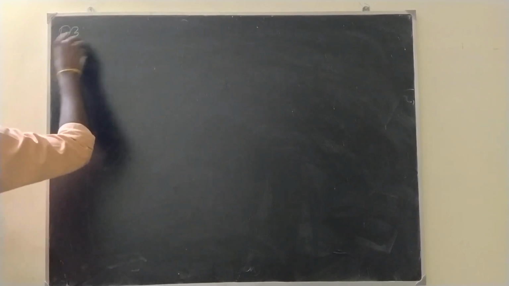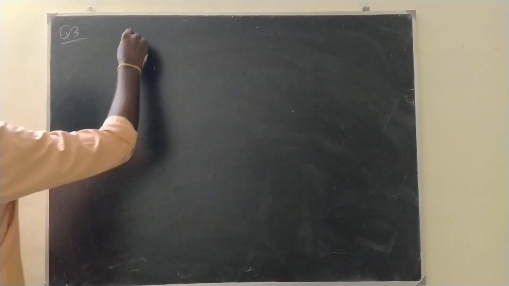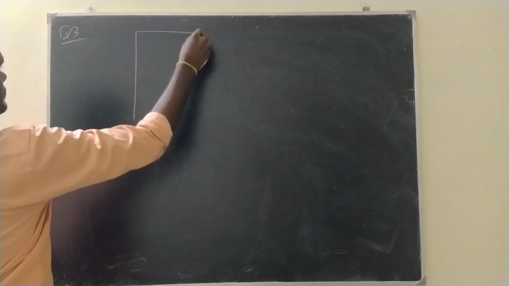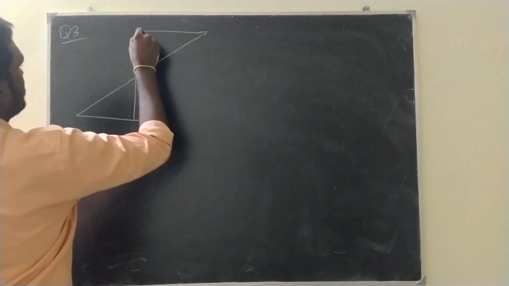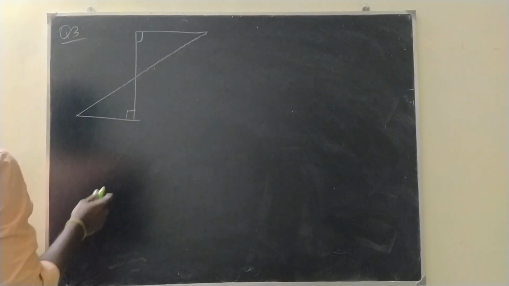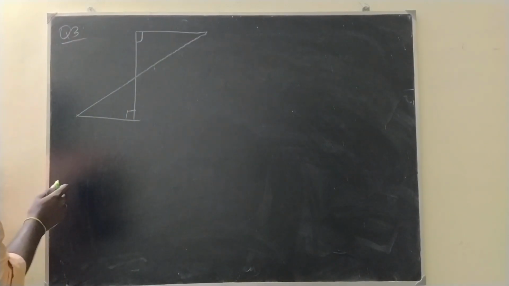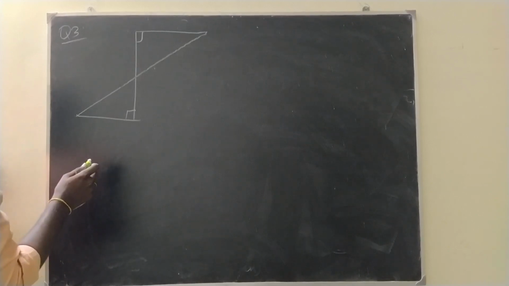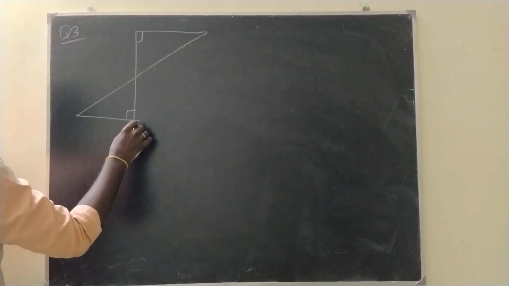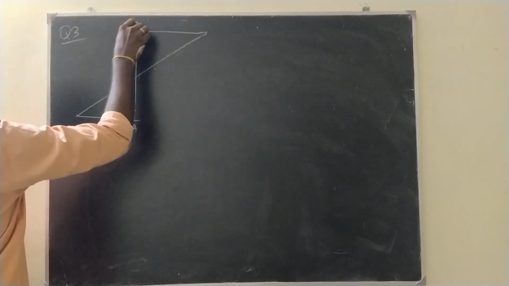Question number 3. AD and BC are equal perpendiculars to a line segment AB. This is the line segment AB.